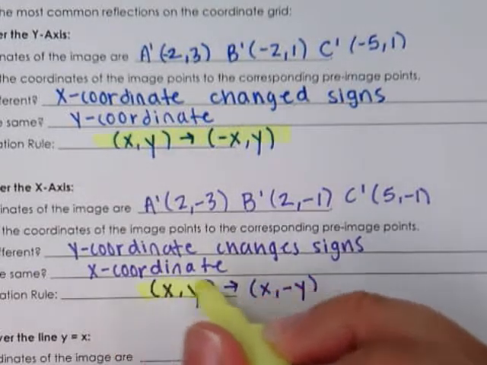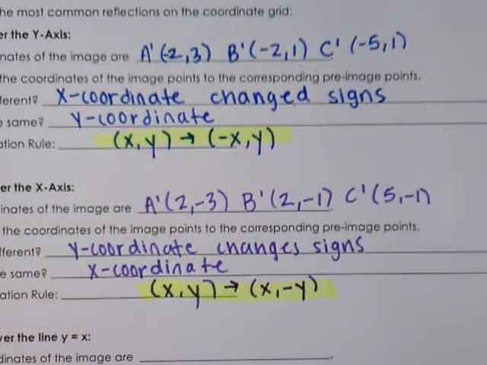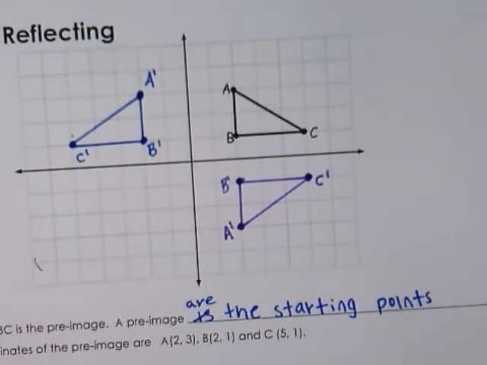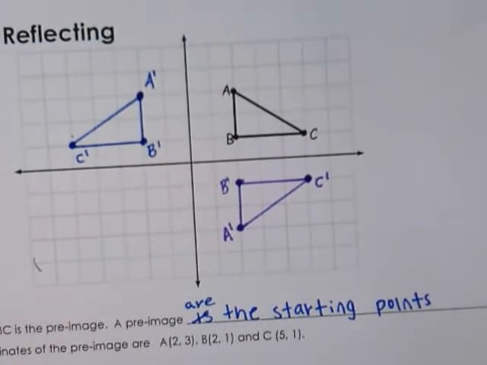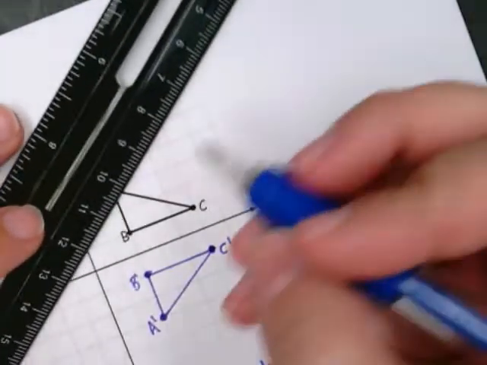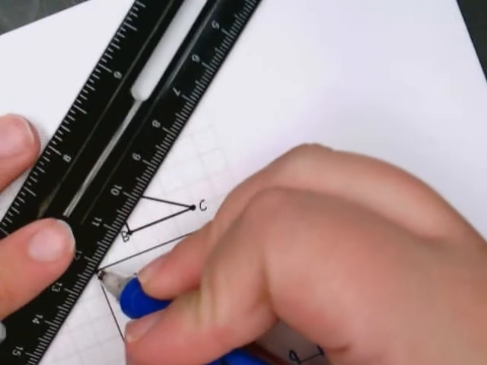So here's this one. Now, number 3 says reflect over the line y equals x. So up here, I'm going to sketch in where the line y equals x is first. So if you're familiar with the line y equals x, that's a linear line.